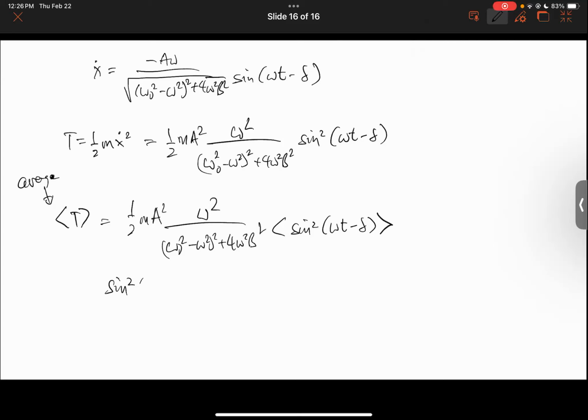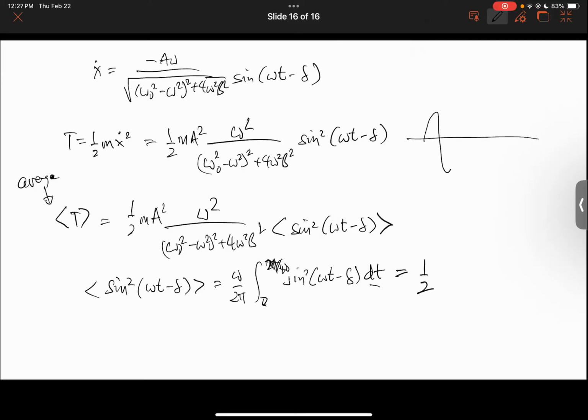Okay, then you take the average of that. Essentially, that's omega over 2 pi, integral from 0 to 2 pi of sine squared omega t minus delta dt. Okay, so you're considering yung time from 0 to 2 pi over omega, which is one period, di ba? So kinukuha mo yung average ng sine squared function over one period. Okay, and then this gives us basically 1/2. Okay, which is expected, di ba?